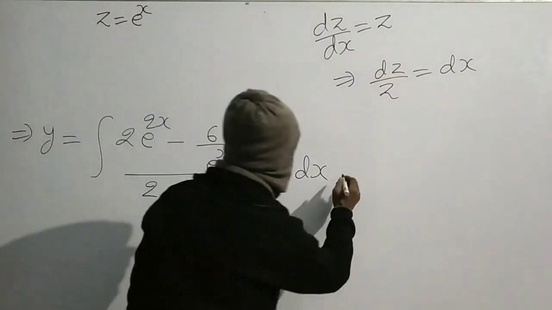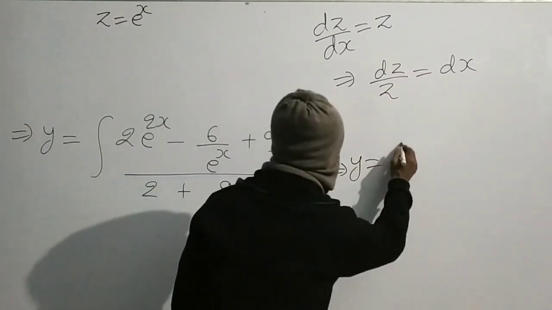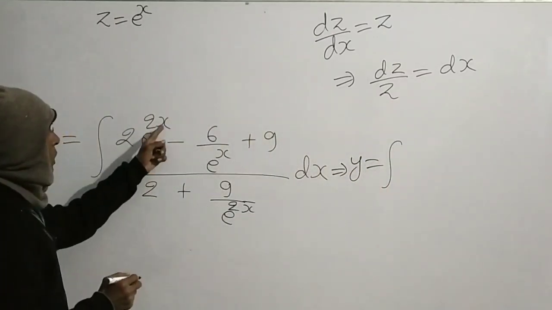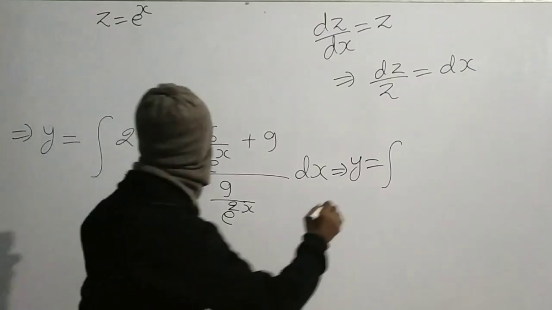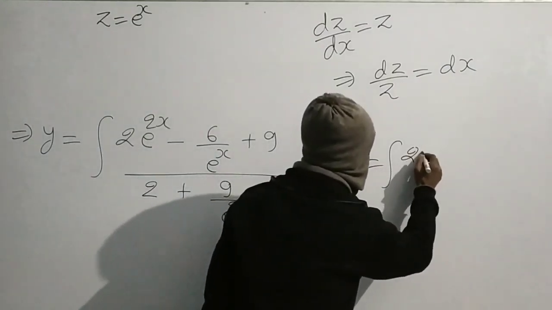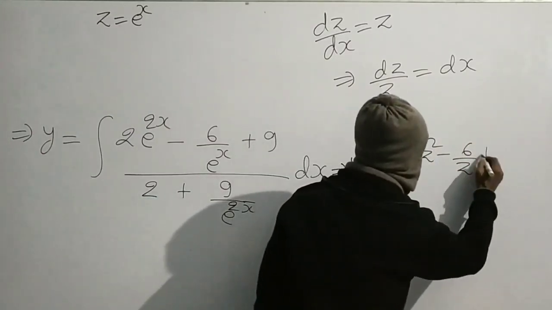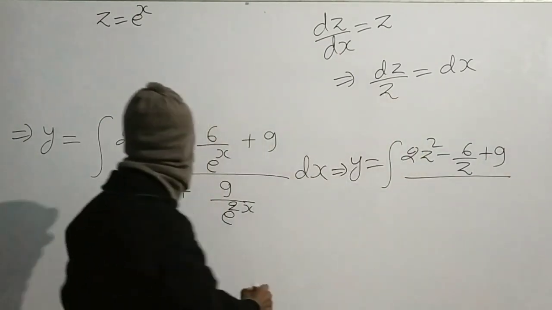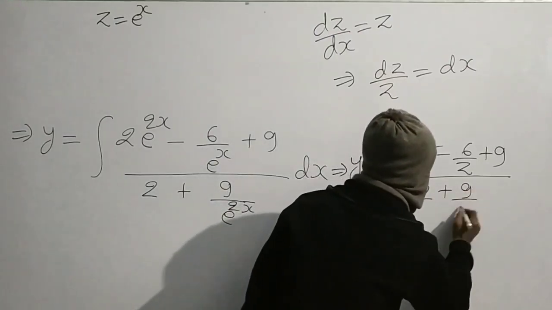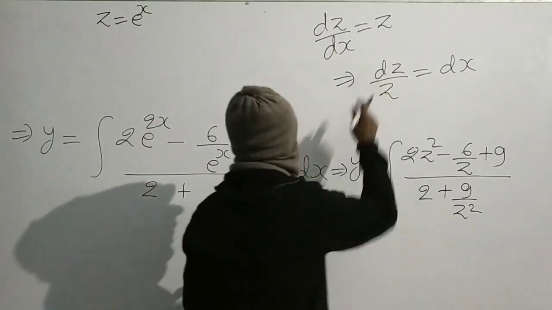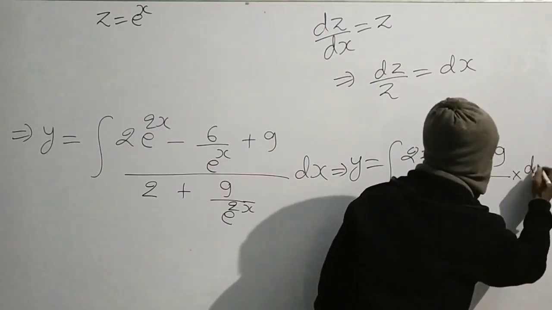Then we get, this implies y is equal to the integration of 2e^(2x), meaning (e^x) whole squared, that means z squared, so 2z squared, minus 6 by z, plus 9 by 2, plus 9 by z squared, dx, that means dz by z.